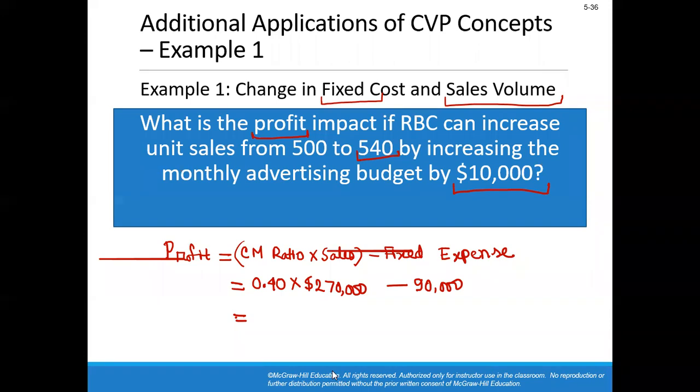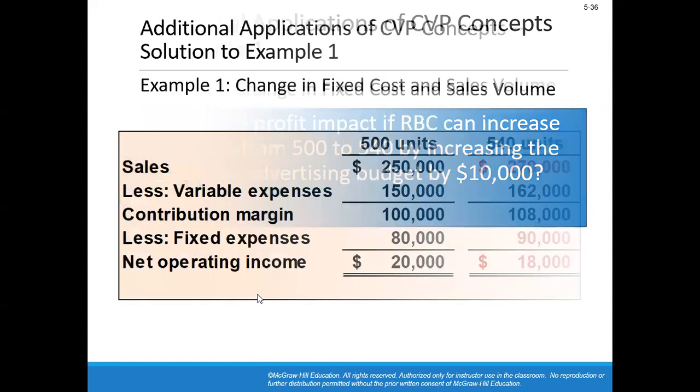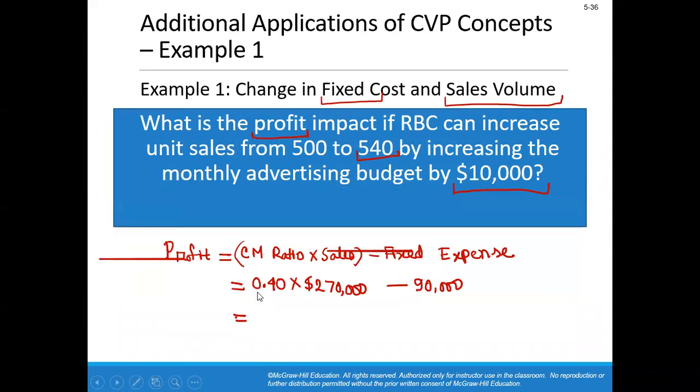Good responses are coming, 18,000. There has been no difference in their answers. So I should write here 18,000. Can you recall what our profit was in the case of 500 units? Yeah, 20,000. In the earlier case, it was 20,000.